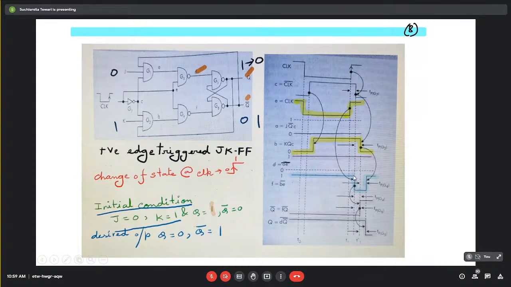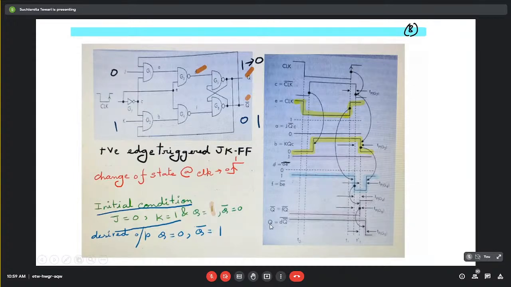But at this point, F is coming down from 1 to 0. So here it is now becoming 0 0. So it will now change from 0 to 1. The effect of this edge will be reflected after suffering this gate 6 delay. So now Q bar has changed, and that changed Q bar will be reflected here.